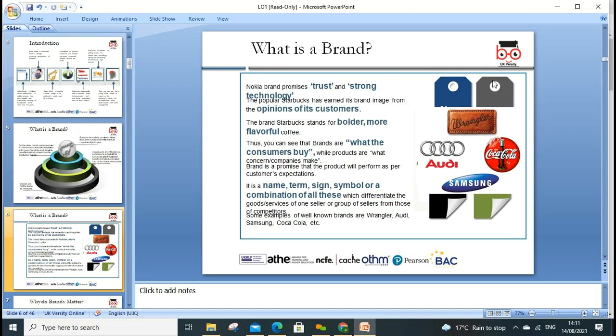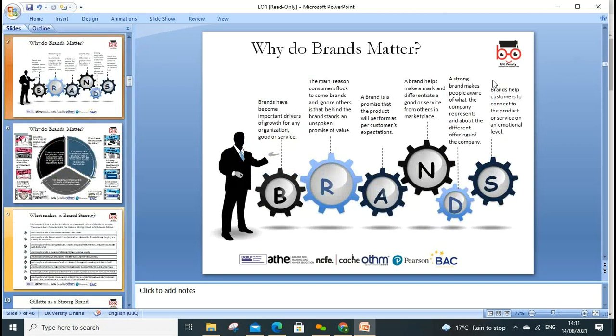If you look at the brand, what the consumer buys and what the company makes are different. The brand is the promise that the product will perform as per the customer's experience. Names, terms, signs, symbols, or a combination of all these. Looking around, you can see Aldi, various colas, and Samsung.